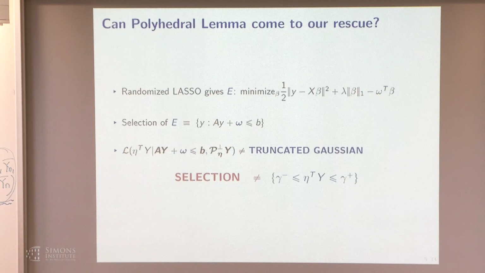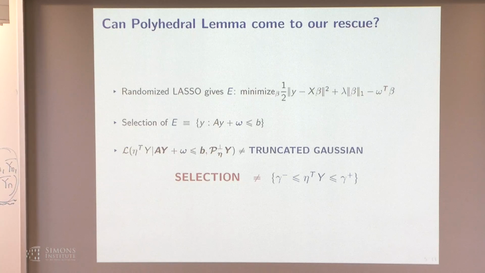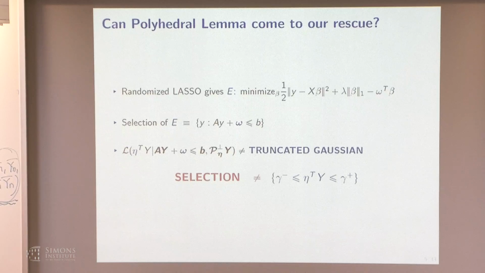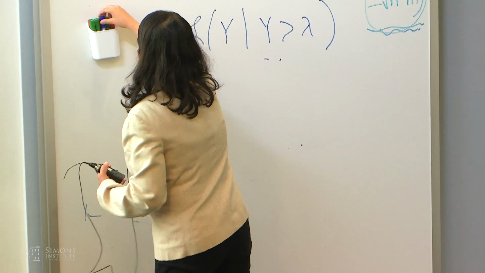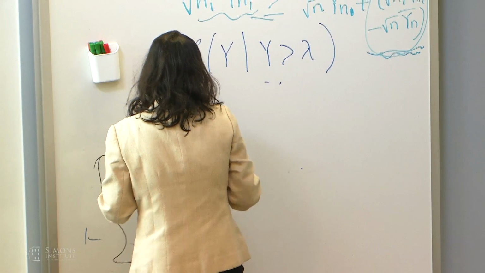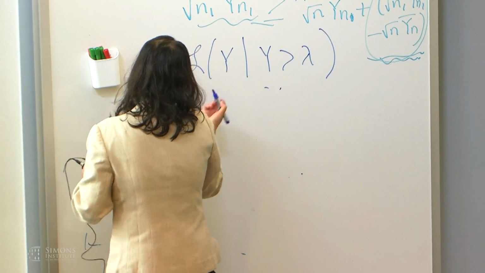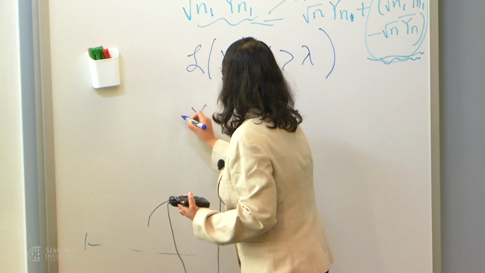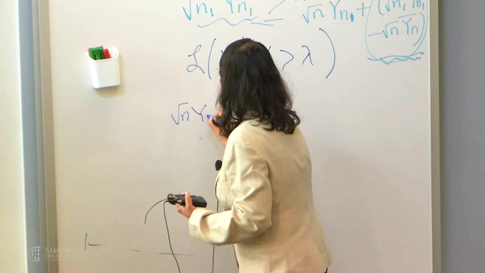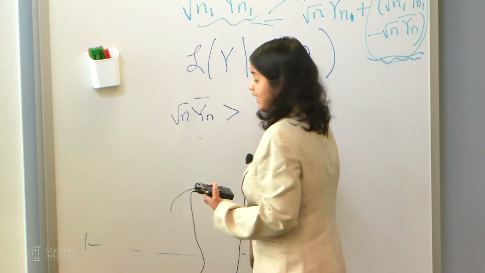Let me go back to the simplest example, where I was talking about root n bar greater than lambda.